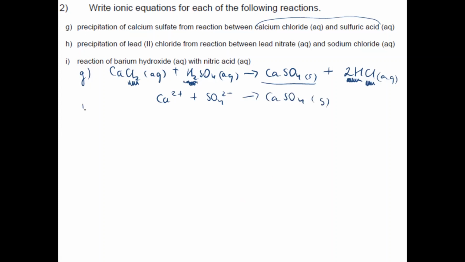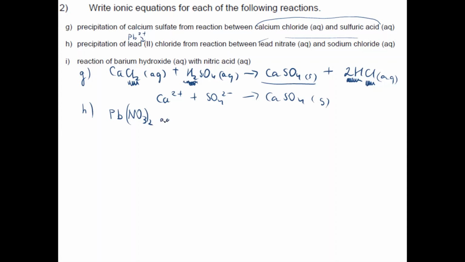Okay. H. Precipitation of lead 2 chloride from lead nitrate and sodium chloride. So lead nitrate: Pb, it says 2, so nitrate is NO3, so I'll double that because Pb is a 2 plus.